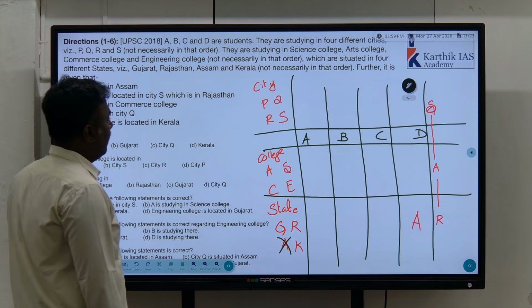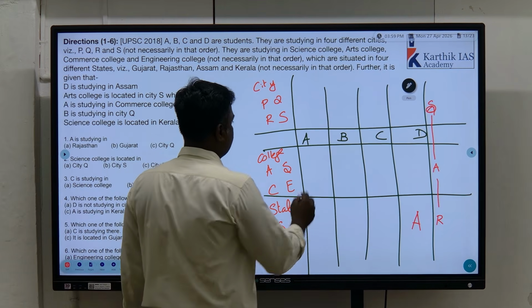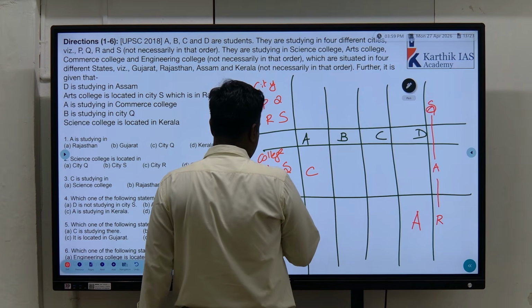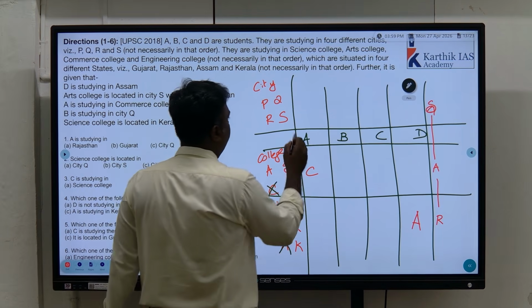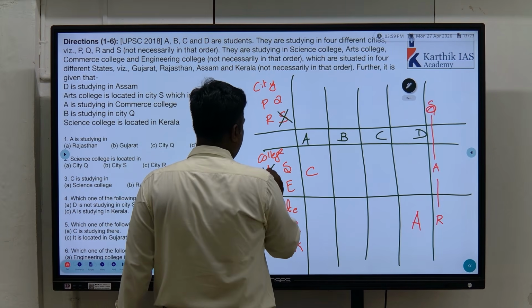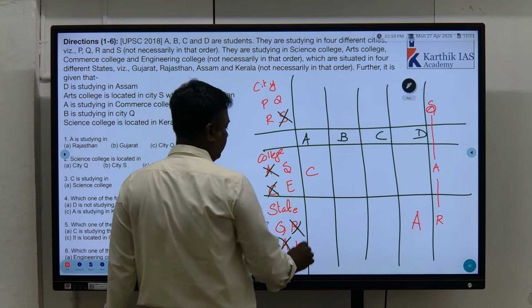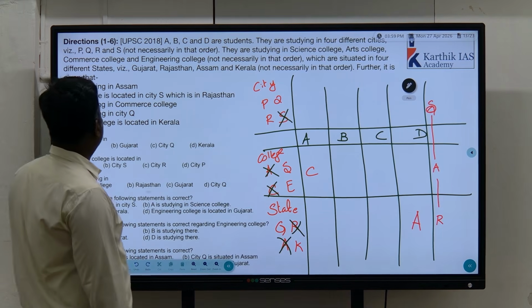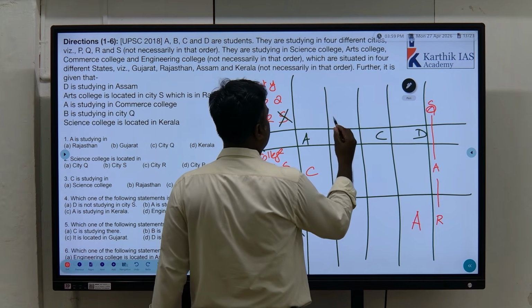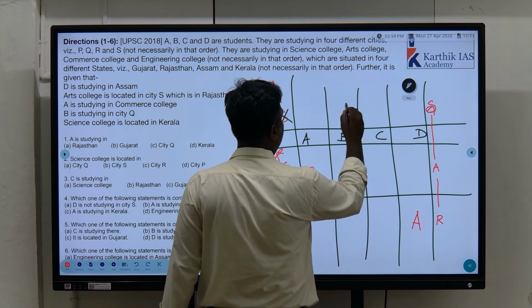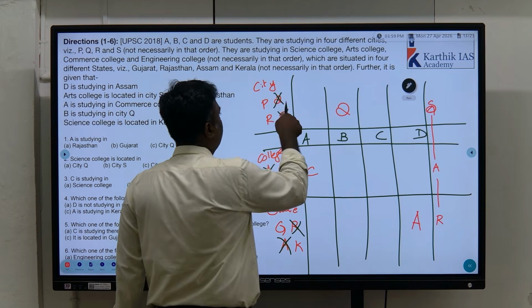A is studying in Commerce College. And also S, A, R we have used, right? Yes, A, R we have used. Okay. B is studying in City Q. So cancel it.